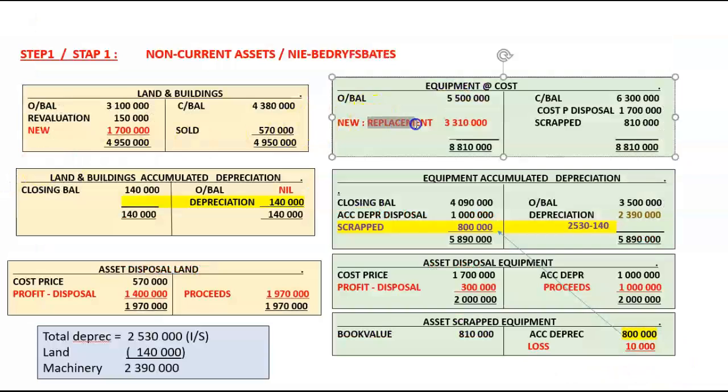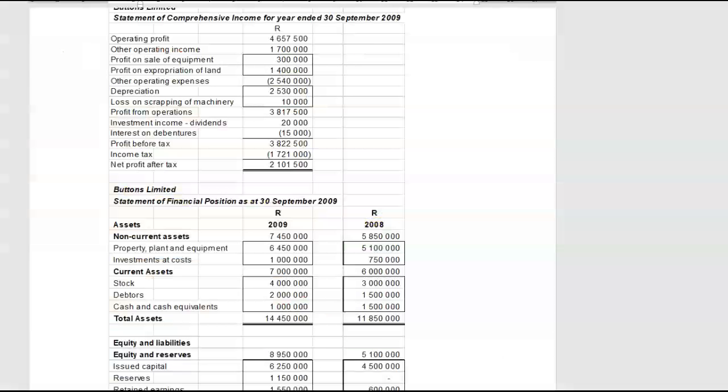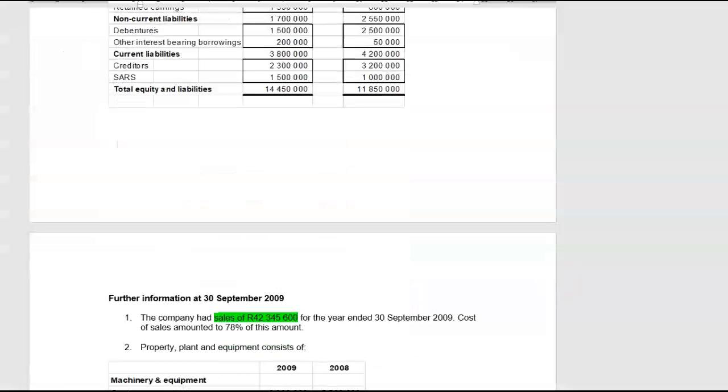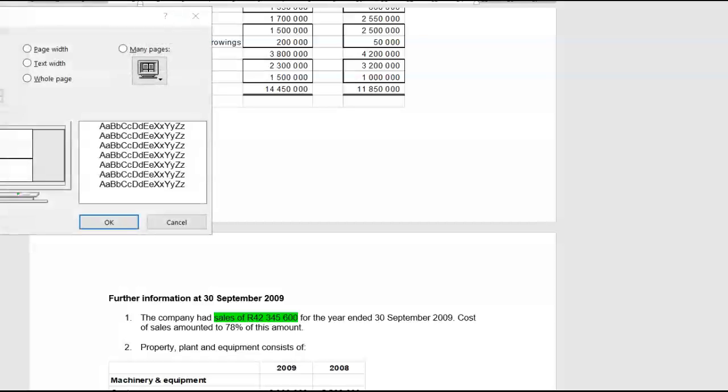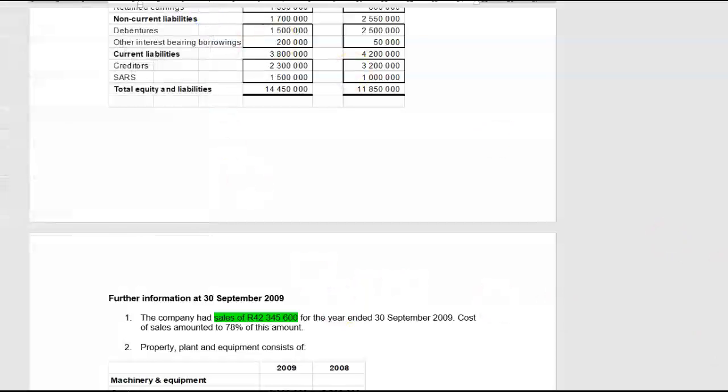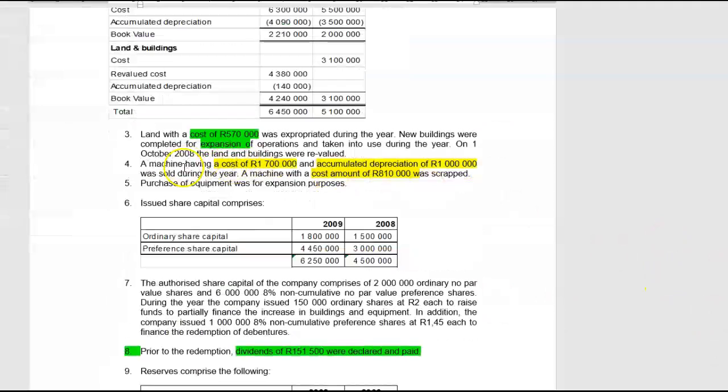It's not replacement, it is expansion. In the question, purchase of equipment was for expansion purposes, so that is the reason why it needs to be shown as expansion.